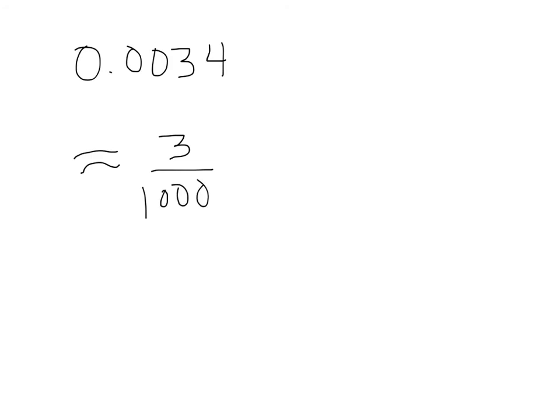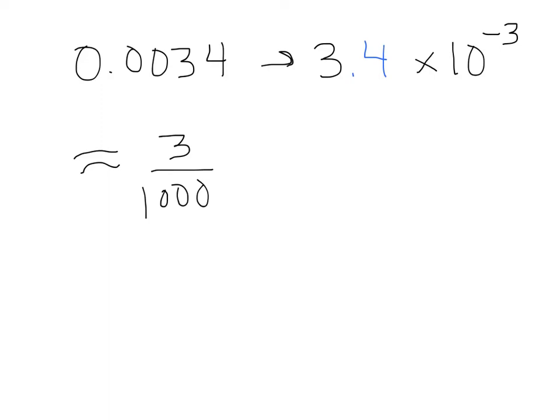We are in the thousandths column, which means we should be dividing by 3 tens, which means we write the number as 3 times 10 to the negative 3. And by the way, we know this number a little more accurately, so it's actually 3.4 times 10 to the negative 3.